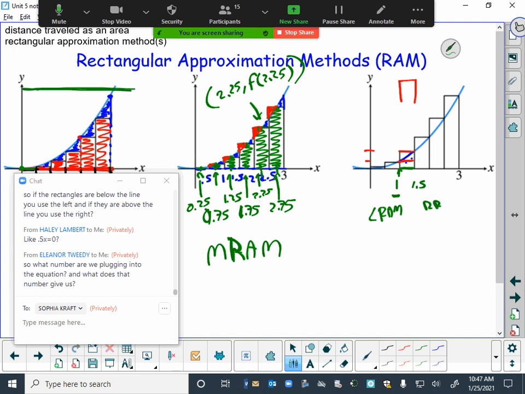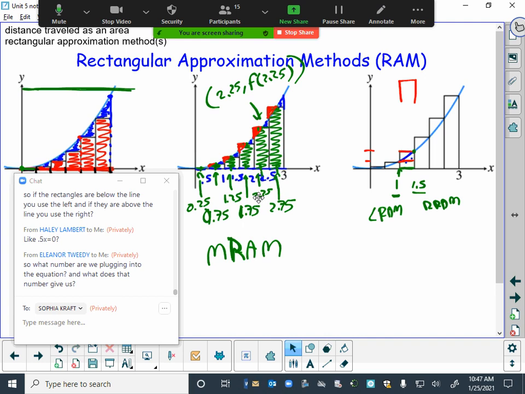The RRAM would say use the 1.5, the point on the right-hand side, plug that into the function to come up with a y value and use that y value as the height of the rectangle.